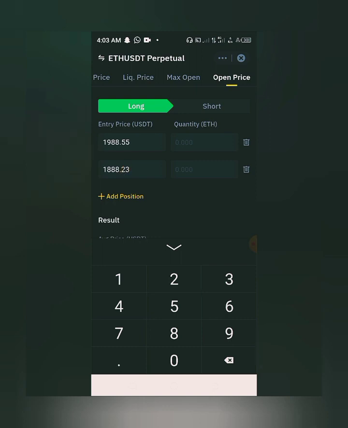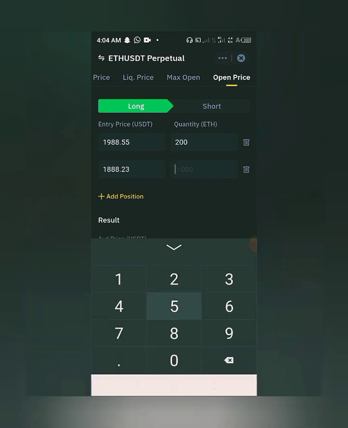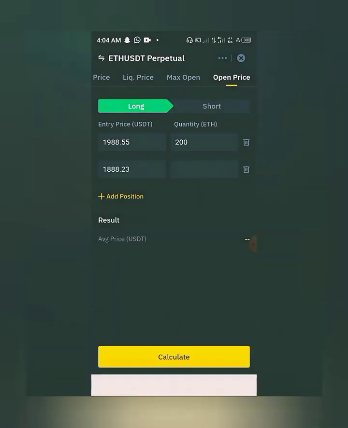Then let me input the quantity. Here I entered 200, and here I am using, let me say, 500. Then the next thing is to click on calculate. So this is the total or average price of the two positions that I opened.